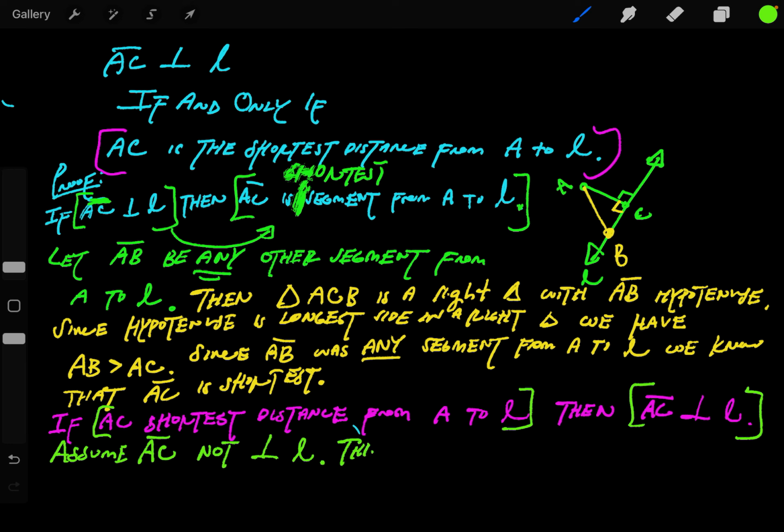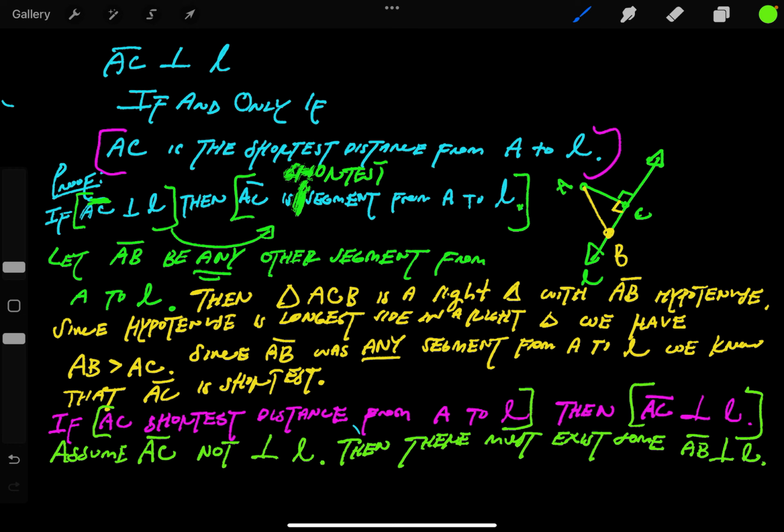Then there must exist some AB perpendicular to L. And that looks like this. You have this is A, and then this is C. And you know that this is the shortest distance by what's given.